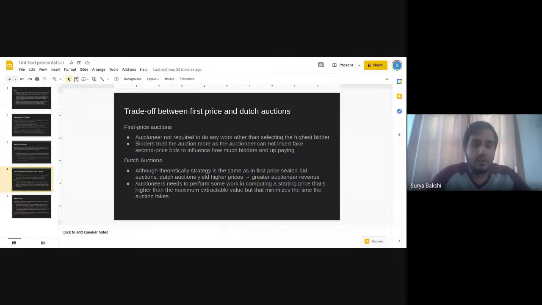And of course, as we know in practice, even though in theory the Dutch auction and first price auctions have equivalent strategies, in practice, Dutch auctions actually yield higher revenue for miners.